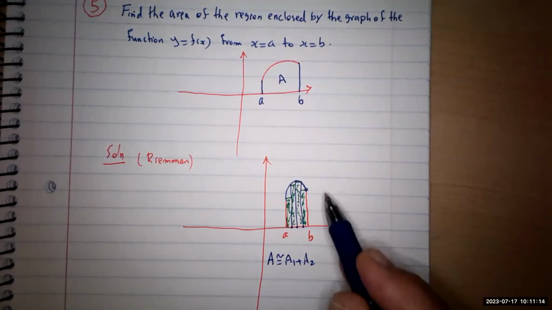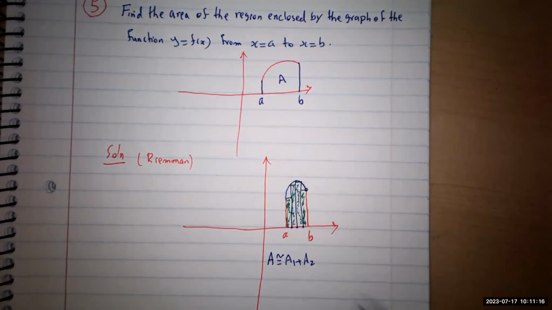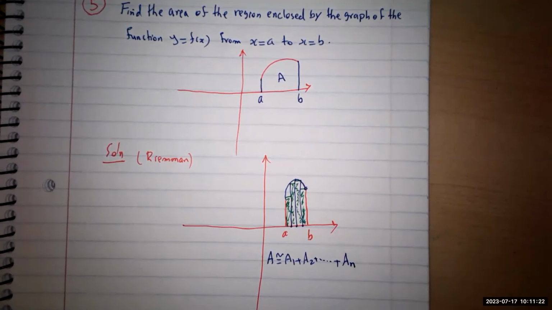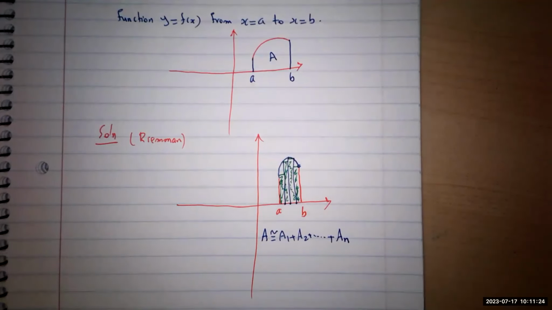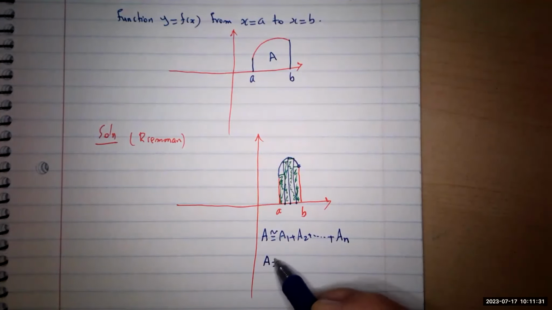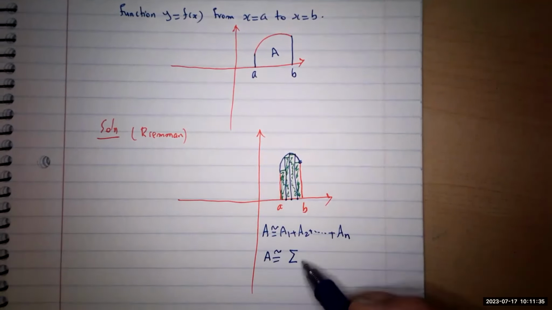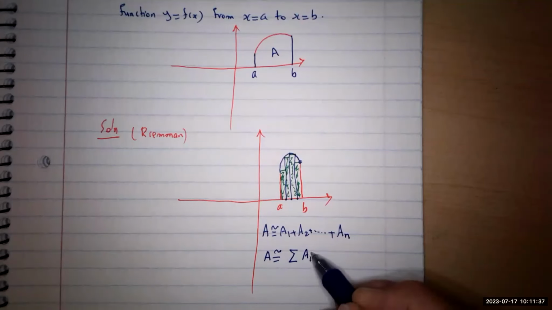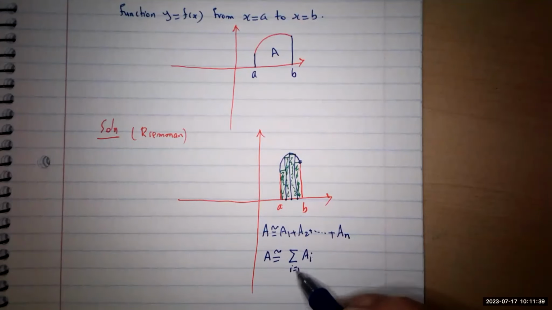And in order to take care of those leftover parts, as I did for the circle, we can increase the number of partitions. So I can make it short. We use the sigma notation, if you are familiar with it. Sigma means sum. This is going to be the sum of A_i, i from 1 to n.